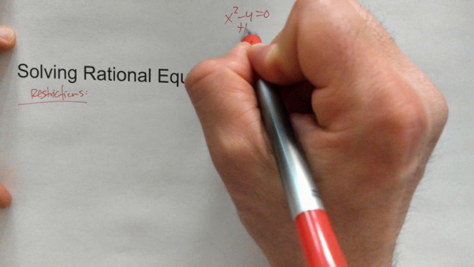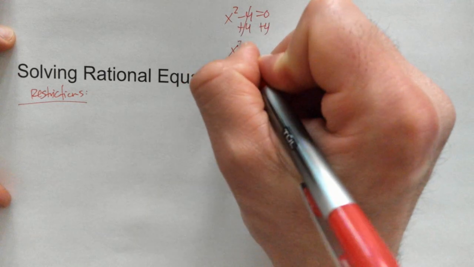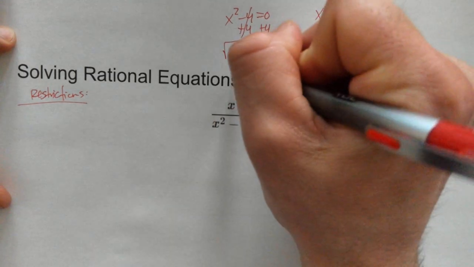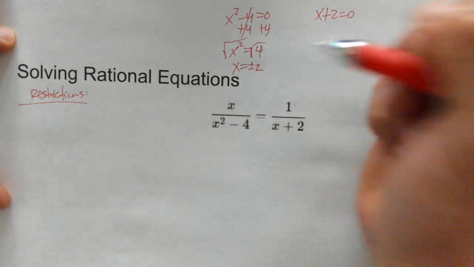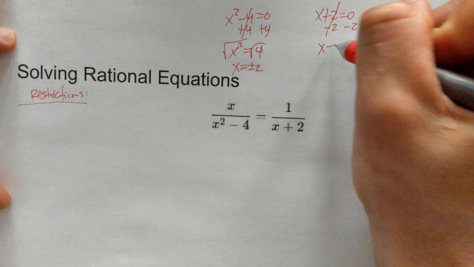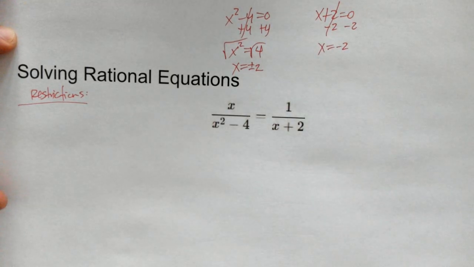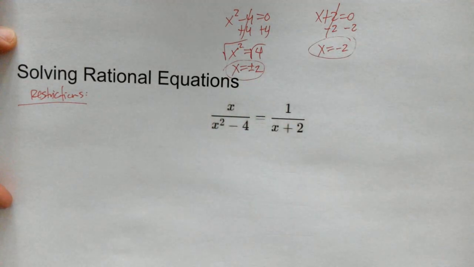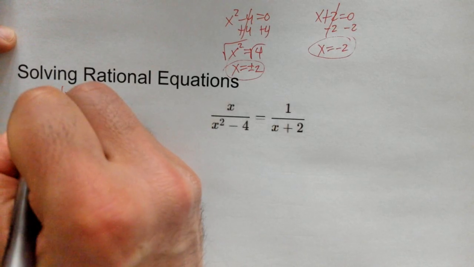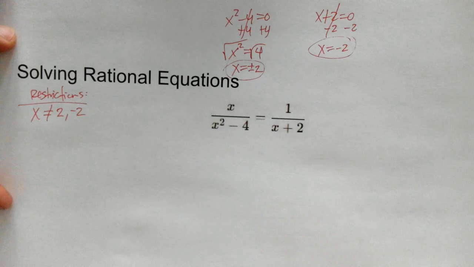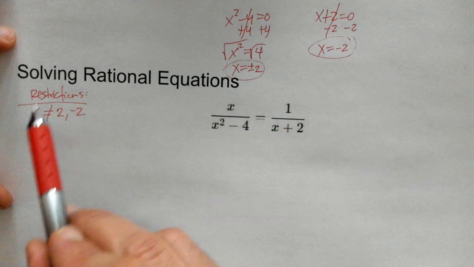When you move the 4 over, you get x squared equals 4. Remember that when you square root, you're going to get plus or minus 2. Over here, when you move it over, you get negative 2. So x cannot be either of these solutions, positive or negative 2. As long as it's not either of these, we're good.